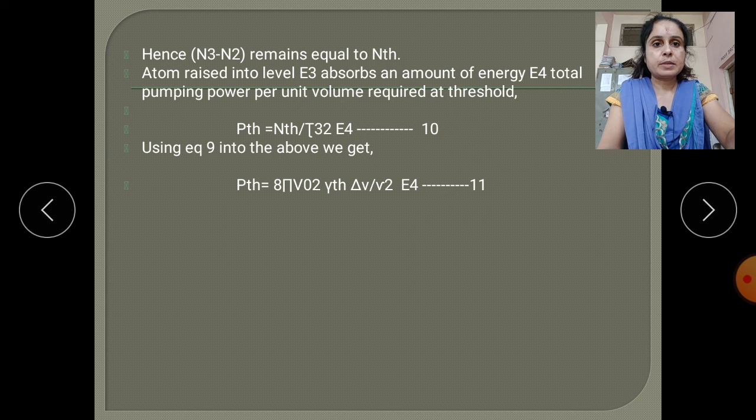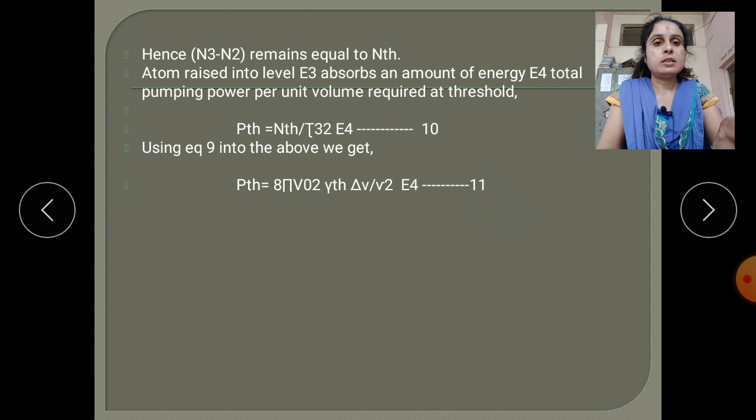So, from the last expression, 9, it can be proved that PTH, the pumping power at threshold, is equal to 8 pi V0 square gamma TH del V by mu square times E4 energy level, which will be represented as expression 11.